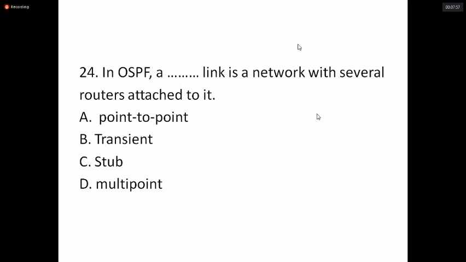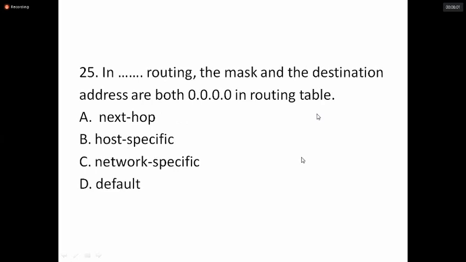So it should be transient. Okay. In dash routing, the mask and the destination address are both 0.0.0.0 in the routing table. It is a common sense question. It is default. No second thought about this question. Is this clear? Yes, ma'am.